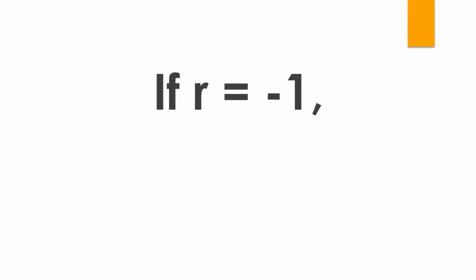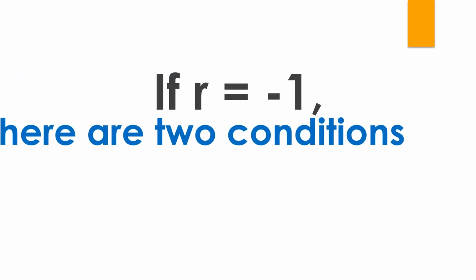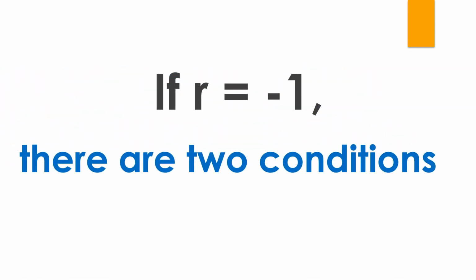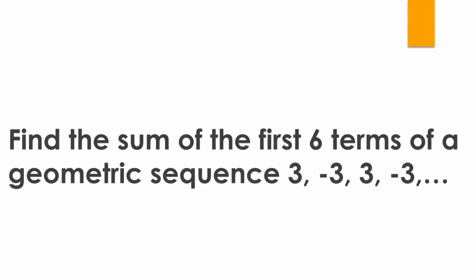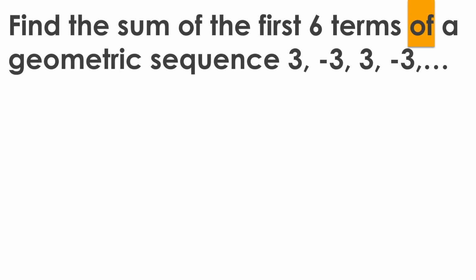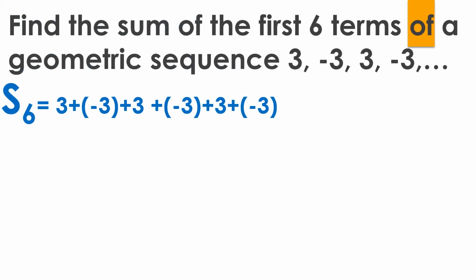If r is equal to negative 1, there are two conditions. First, let's have this example. Find the sum of the first 6 terms of a geometric sequence 3, negative 3, 3, negative 3. If we are to add these numbers, S sub 6 is equal to 3 plus negative 3 plus 3 plus negative 3 plus 3 plus negative 3.